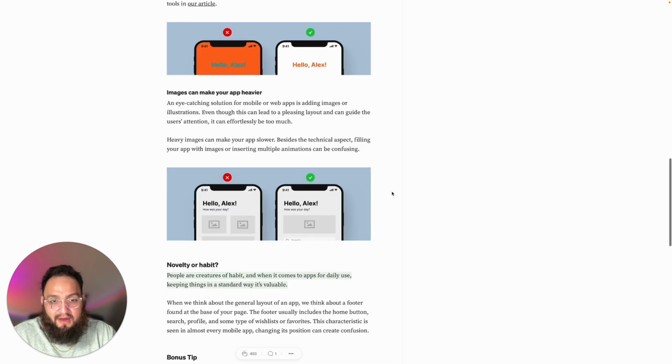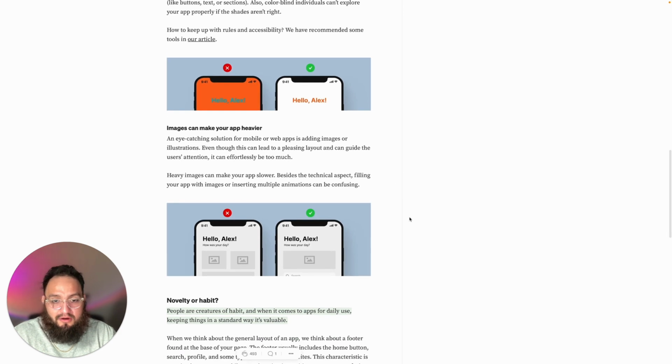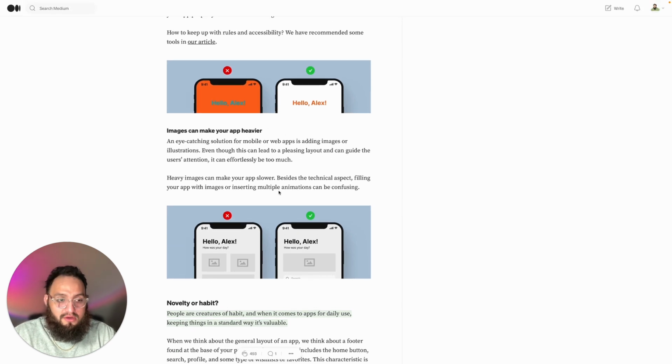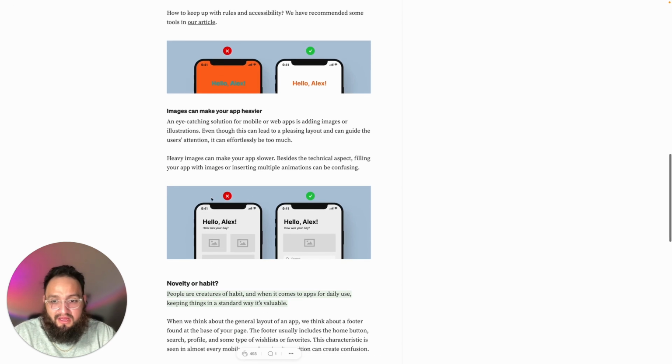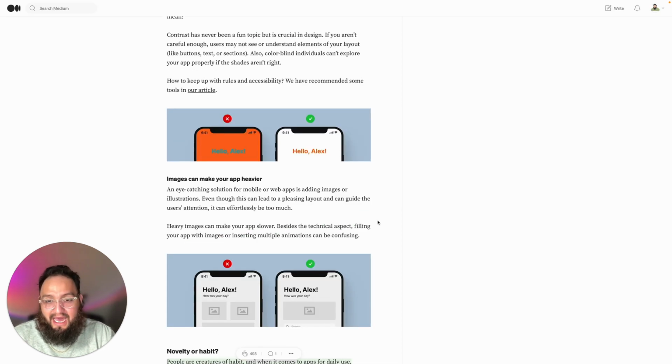Another common UX mistake that we make is that we often want to clutter our designs with too many images. What they suggest here is to use your images sparingly, right? While it's really nice to include a ton of images and illustration to give personality to your design, the point of your app is to provide a good or a service or to solve a problem.